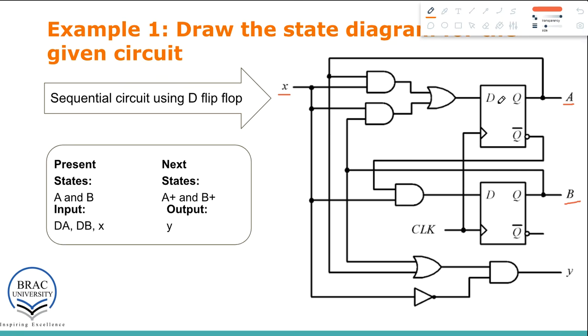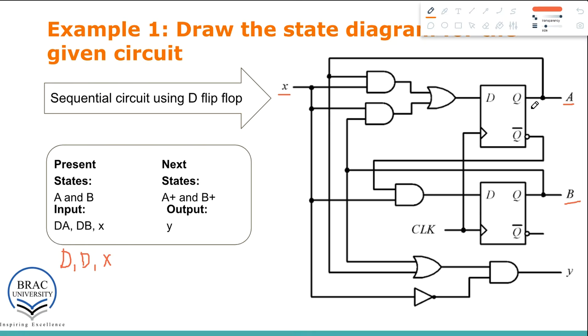Since both of them are D flip-flops, if we just write the inputs as D, D and X, then they would be indistinguishable. So we have to be able to distinguish or separate them. For that purpose we're going to denote them as DA and DB.